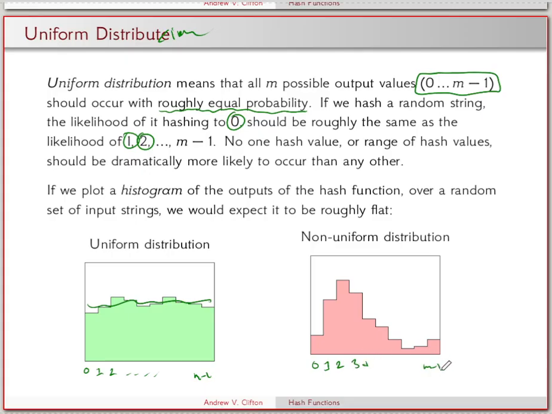So this one over here is very non-uniform because some values are much more common and other values are much less common. So we want the distribution to be roughly uniform. It'll never be perfectly uniform, but we want it to be as close as we can get it.